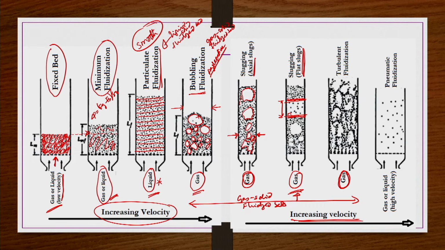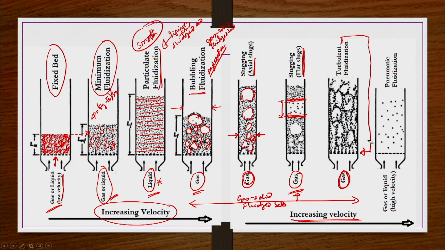So with further increase in the gas superficial velocity, the bubbles or voids formed, and then the particles, at high velocity, a kind of turbulent condition will prevail inside the bed, and sometimes even the particles go out of the freeboard and out of the column. Such particles are in general collected at the top by some means and then circulated back to the bed. So they are also known as the circulating fluidized bed. Okay. So circulating fluidized bed, that is known as this particle recirculation is there here.